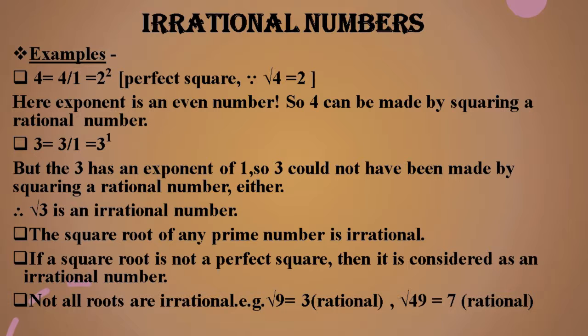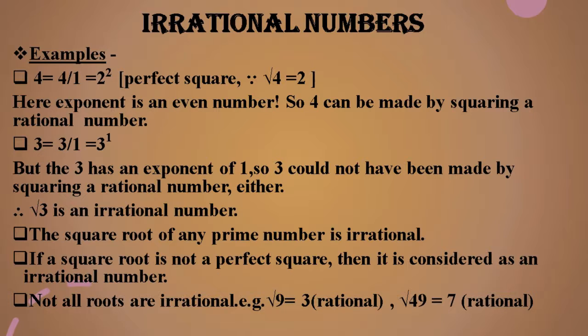Let's see the next example. 3 is equal to 3 by 1, which is equal to 3 raised to 1. But the 3 has an exponent of 1, so 3 could not have been made by squaring a rational number either. Or you can say there is no whole number multiplied by itself that equals 3.